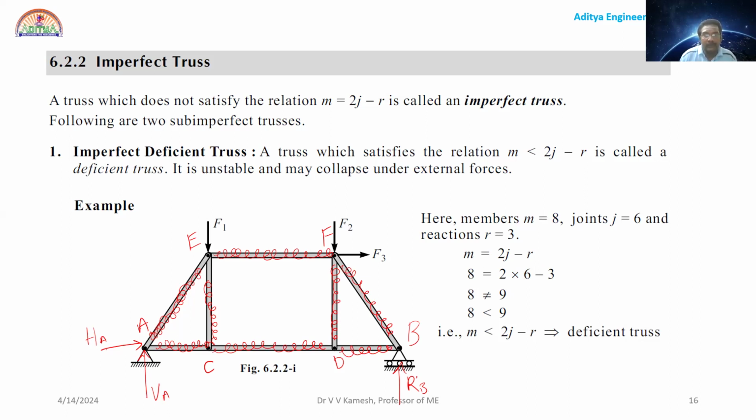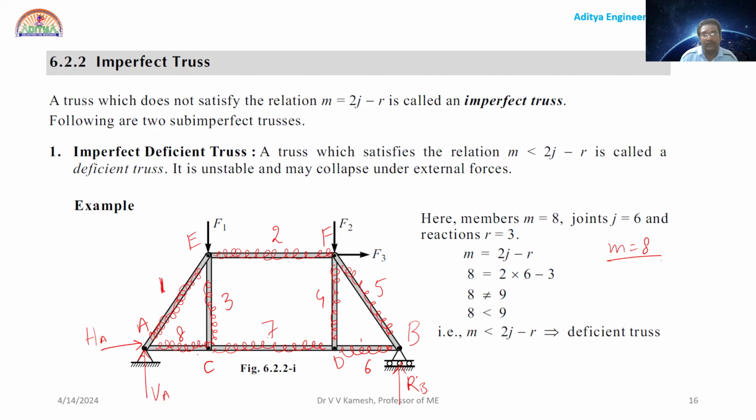Next we will check it. 1, 2, 3, 4, 5, 6, 7, 8. So 8 members are there. So I am writing M is equal to 8.